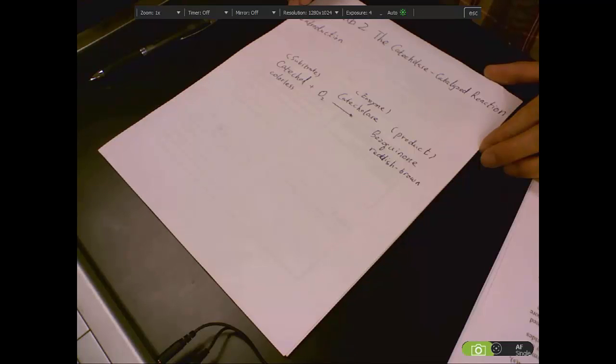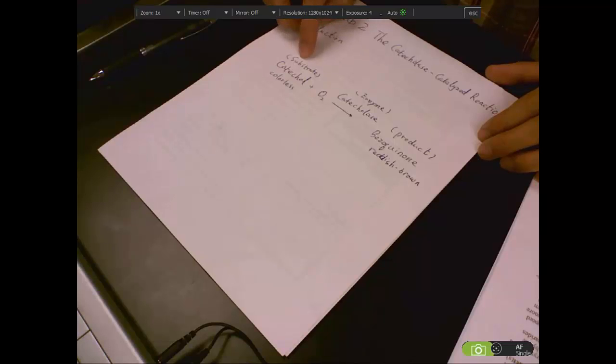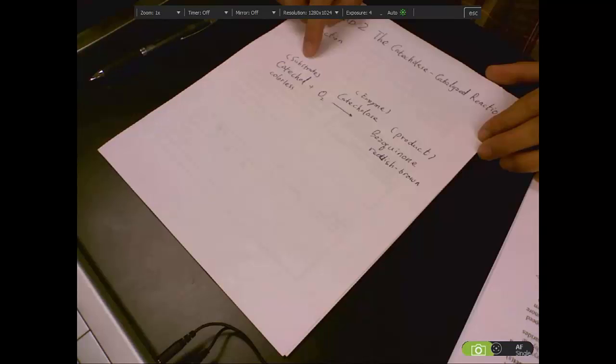Let me demonstrate Lab 2, the catecholase-catalyzed reaction. We know that in organisms, biological reactions happen quite frequently. For this type of reaction, there are two components. One is called the substrate, and the other is called the product. The substrate is the one that the enzyme can work on and produce the result, which is the product.